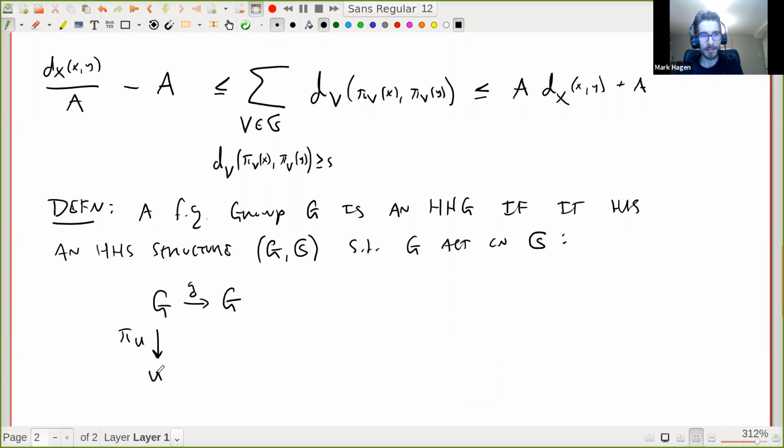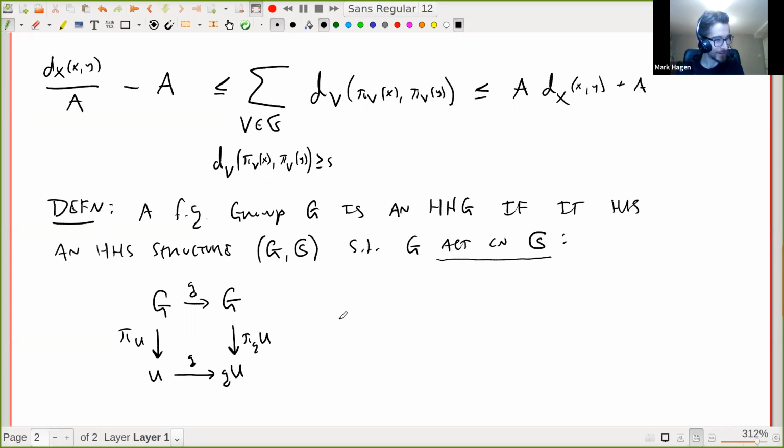And then when I project down to any hyperbolic space U, when I say G acts on this, I mean there's also an isometry from U to the hyperbolic space I get via the action on the set. And that diagram commutes.